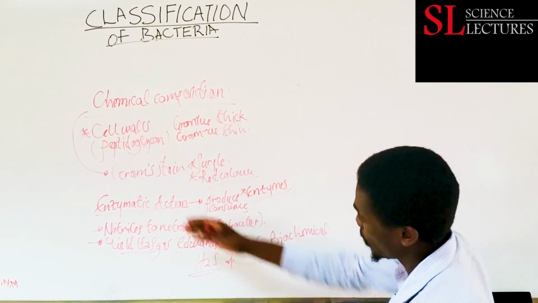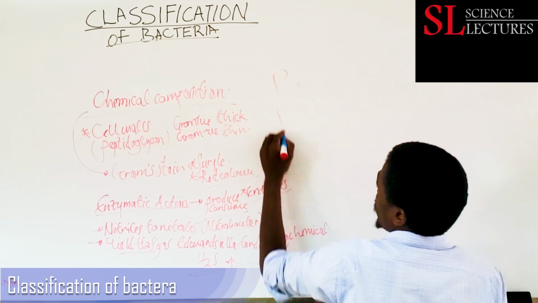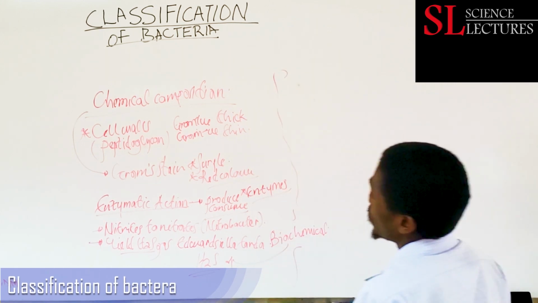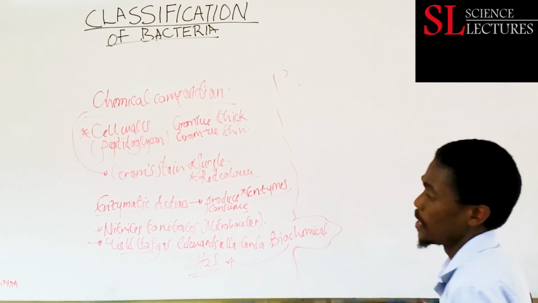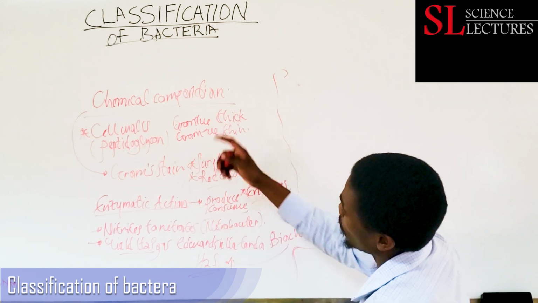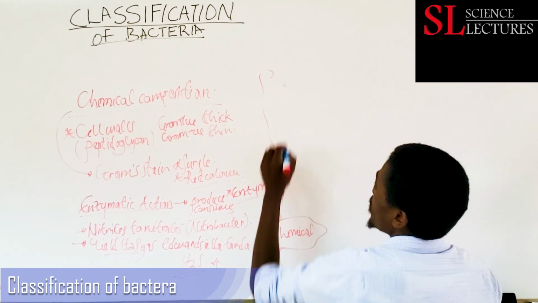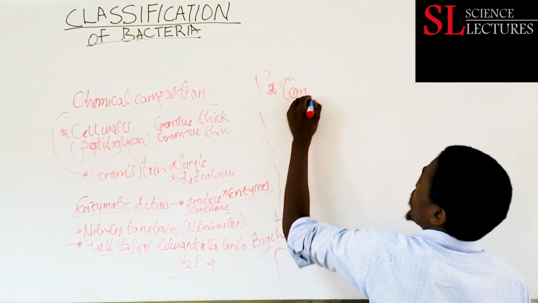Chemical composition, enzymatic action, we don't forget the shape. We also had the shape. We also had basing on the requirements like oxygen. Then chemical composition and enzymatic action we are done. Then we can also classify basing on the temperature.